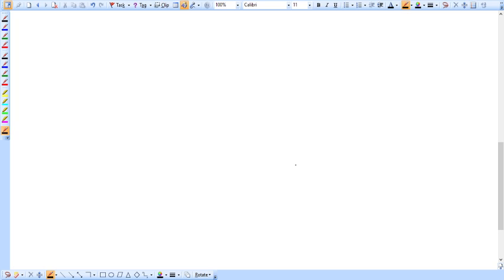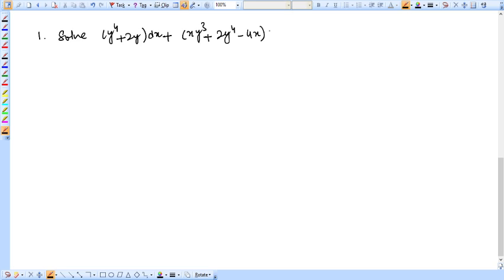So firstly, solve (y^4 + 2y)dx + (xy^3 + 2y^4 − 4x)dy = 0.